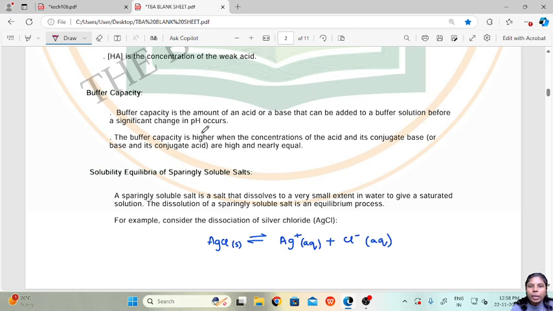Same way in buffer capacity, it is the amount that we add which does not bring about a change. We can add a certain amount until we start to see a change. The amount right before we start seeing a change is known as the buffer capacity. It can take that much and will not show any pH change.